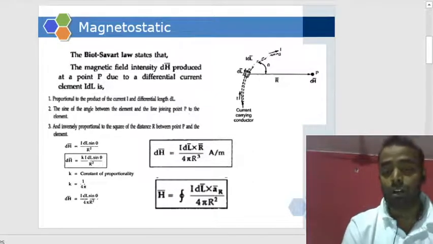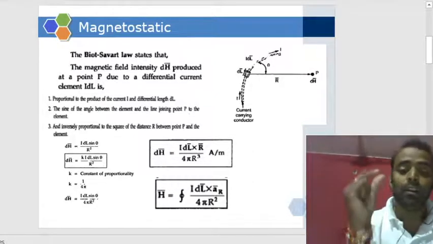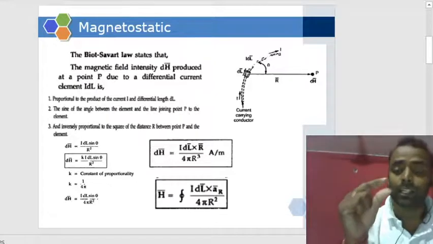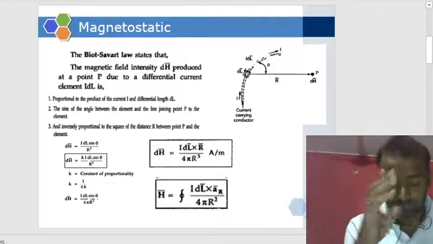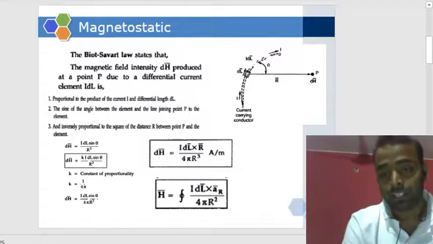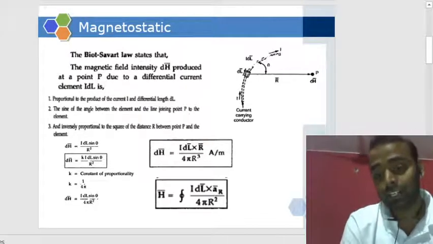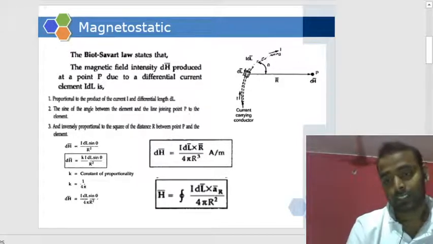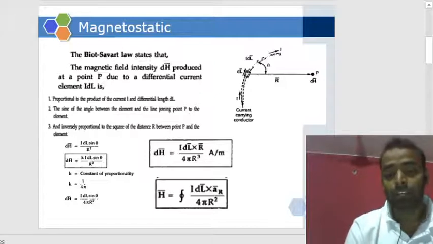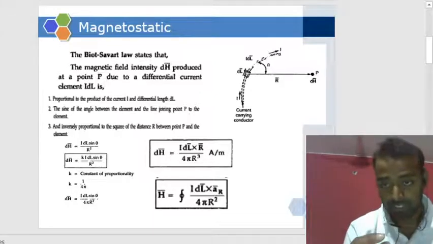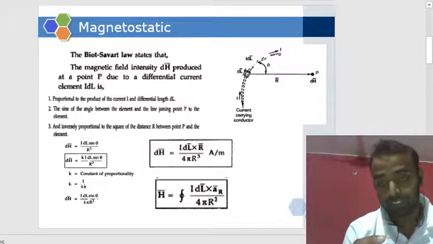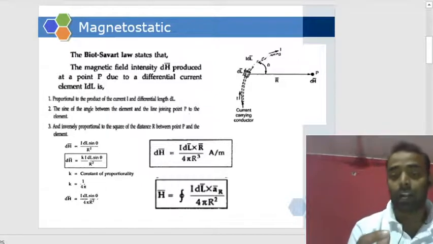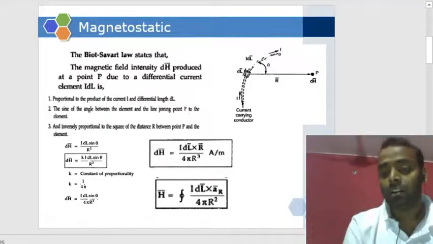What we'll do is make a differential length of this current carrying conductor, and first determine the magnetic field intensity due to this differential length. Once we determine this, we will integrate for the whole length.